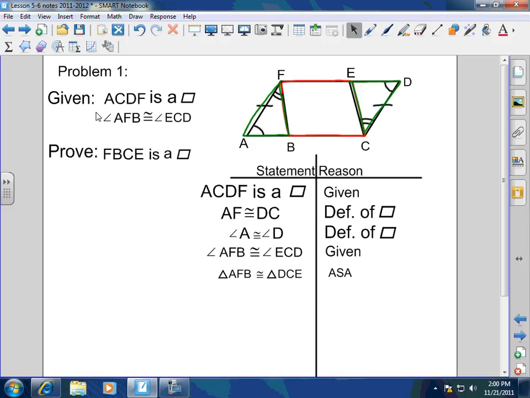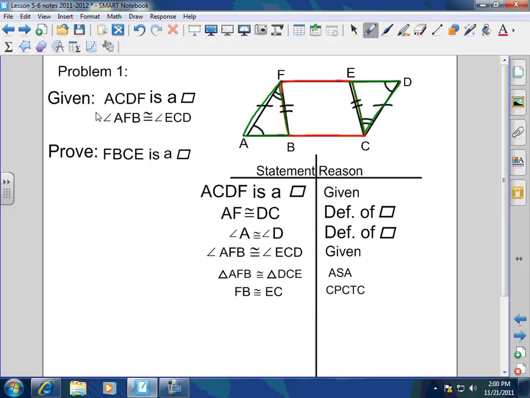So what can I tell now? Mike? Very good. FB is congruent to EC, right? And that's, of course, because of CPCTC. And then? Very good.